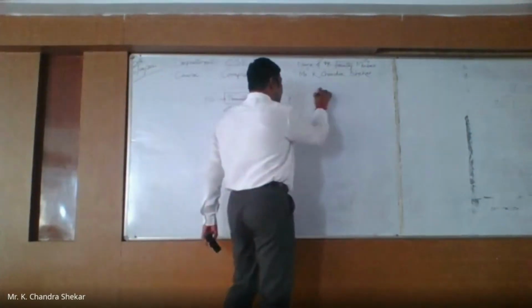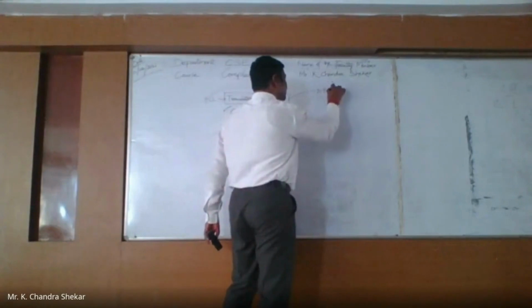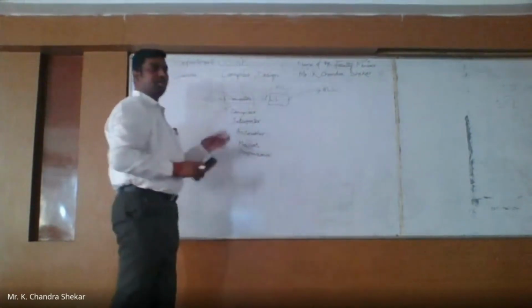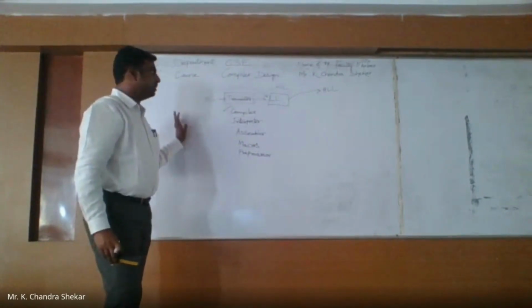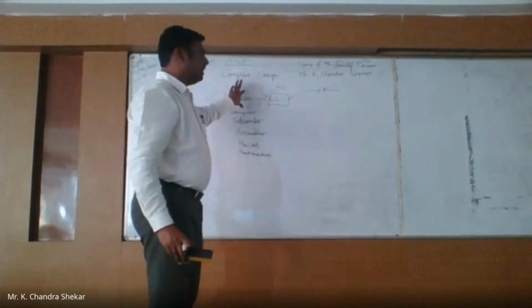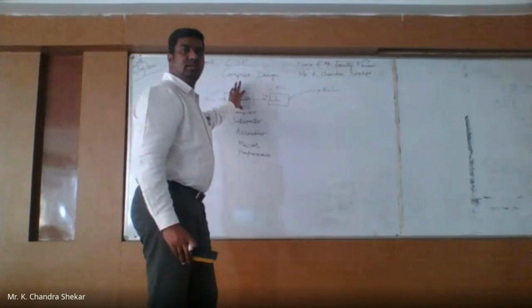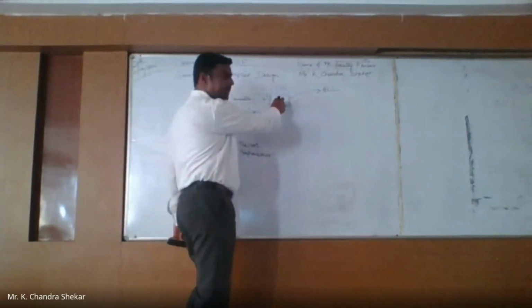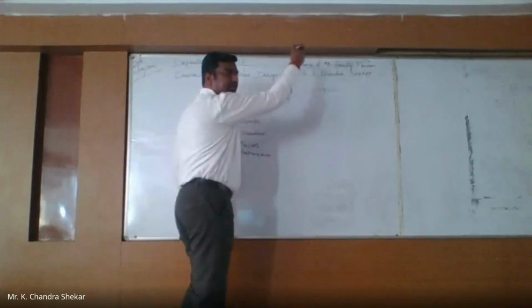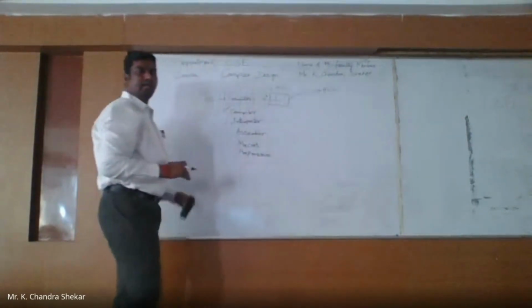Then from the low-level language, it is again converted to a high-level language, where a human can read it in a human-readable form. So a translator is acting as a mediator.